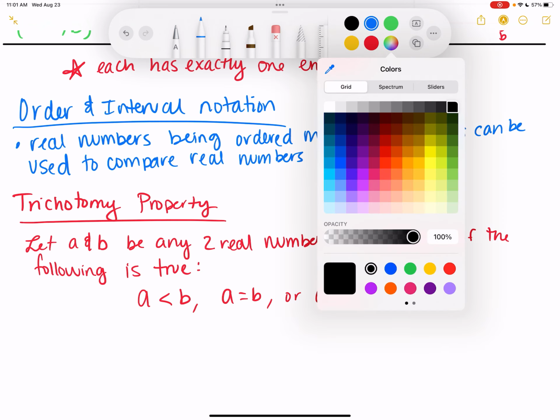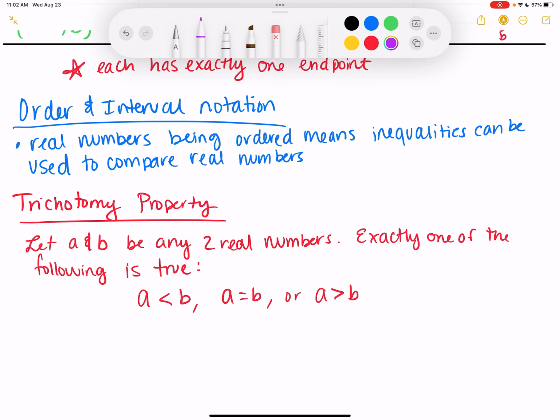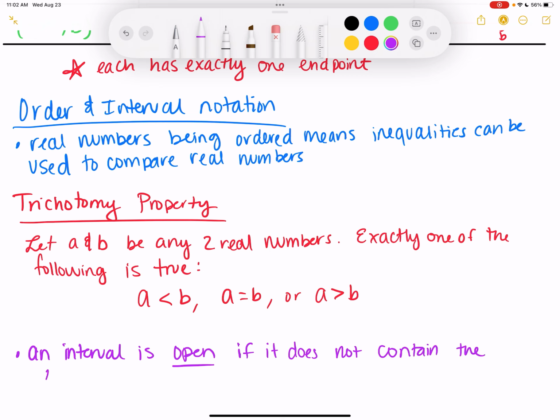And then something to maybe just help you understand a little bit better. An interval is open if it does not contain the endpoints.